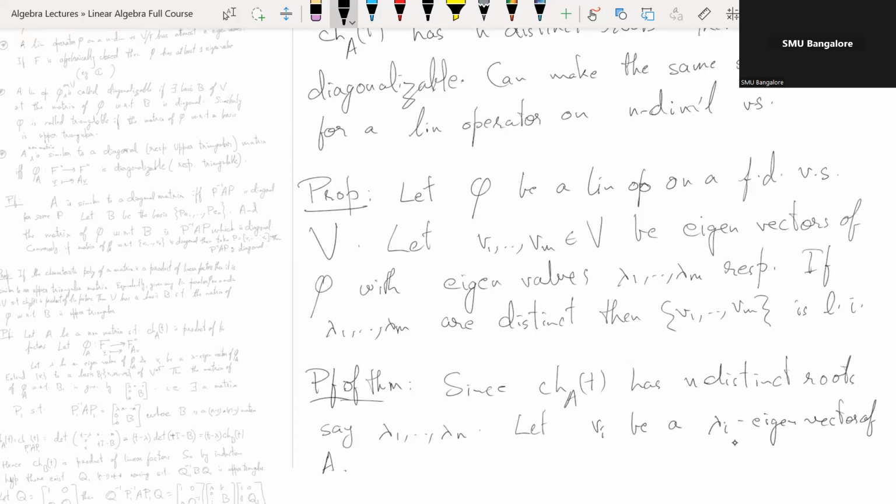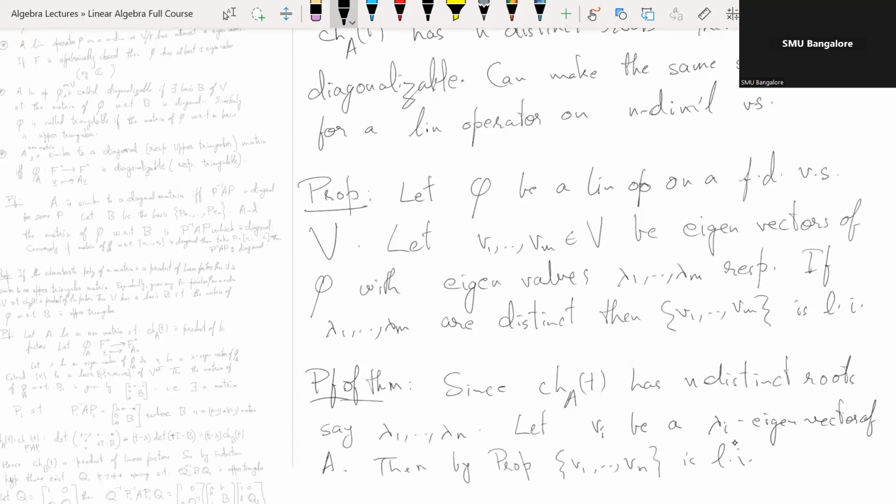Then we are in the setup of the proposition. Then by the proposition, V1 to Vn is linearly independent.